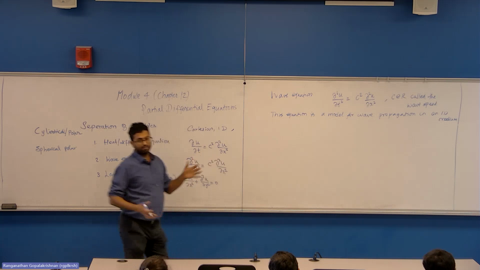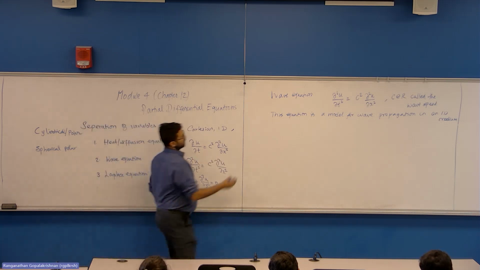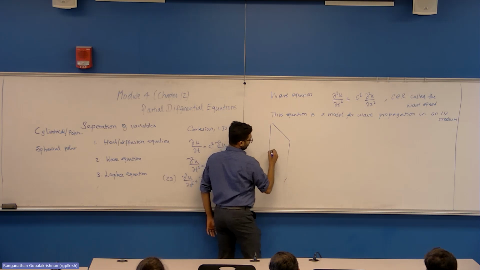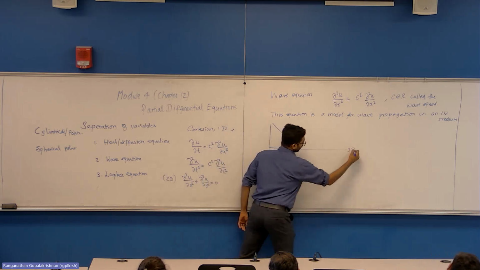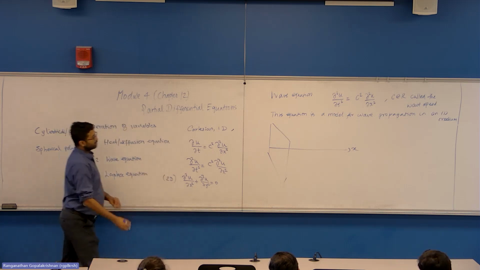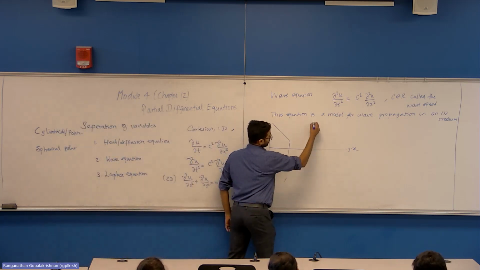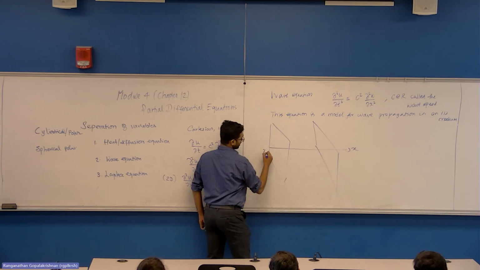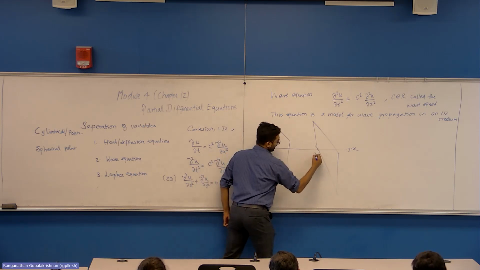Something like an infinite bar in every direction. That is a bar which is infinite in two directions, and you are interested in the wave propagation along one of the directions, which we call x. And this equation describes the wave propagation, let's say, between two planes in that medium, which are situated at x equal to 0 and x equal to L.